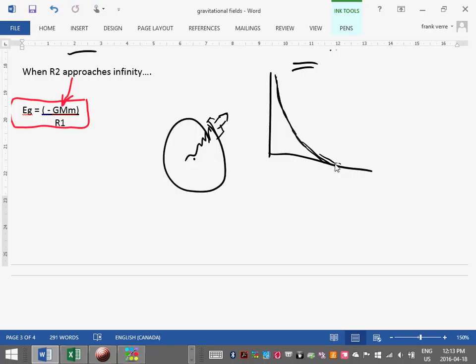As long as you're in this gravitational field, which way will the rocket accelerate? It's traveling through space, and there's only one force acting on the rocket, which is gravity from Earth. What will happen to the rocket? Will it accelerate or decelerate?